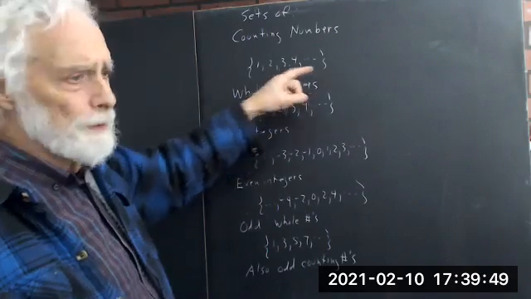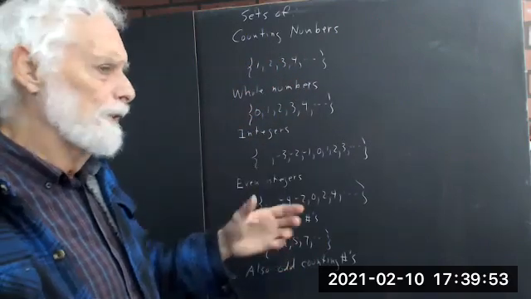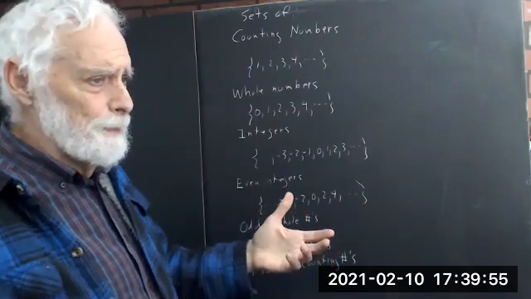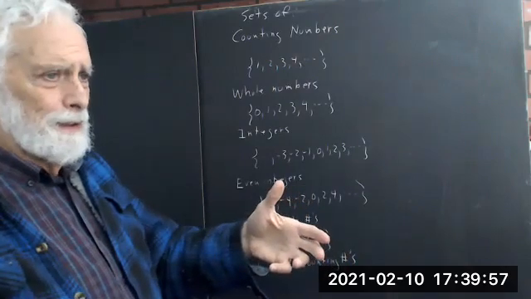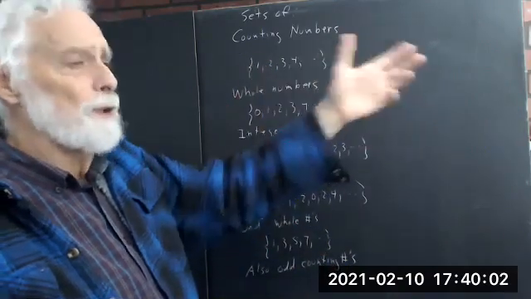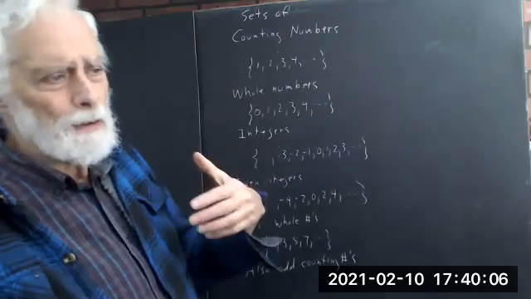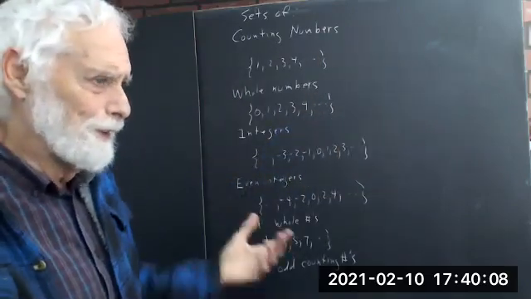Then once you've added 0, you can subtract a bigger number from a smaller number. Now, there's no reason you can't, but it didn't make any sense. If I've got 12 goats in my herd and you take 20 out of it, that makes no sense.